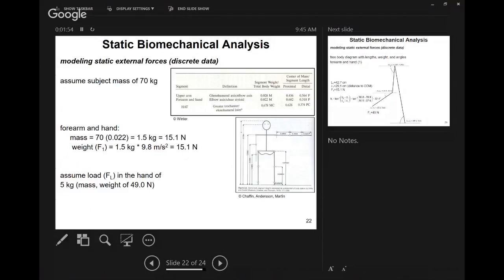When we say weight, we're referring to a force. And force equals what? Mass times acceleration, good. So we need to know the mass of the forearm and hand, and the mass of the dumbbell.